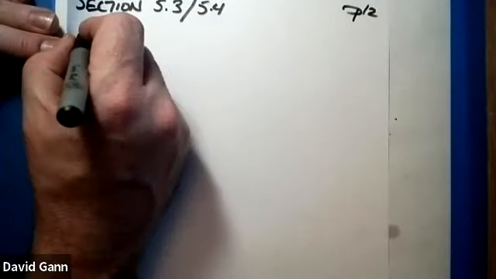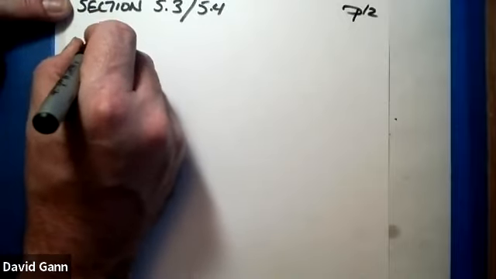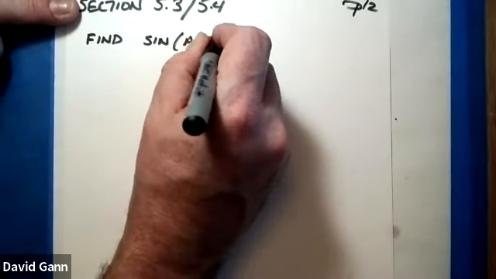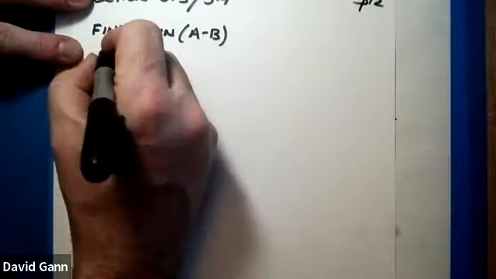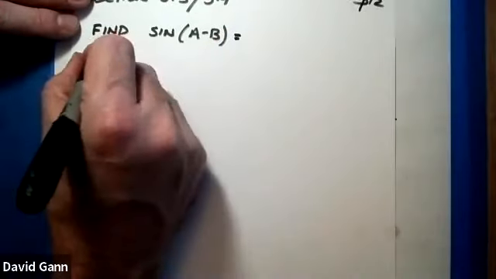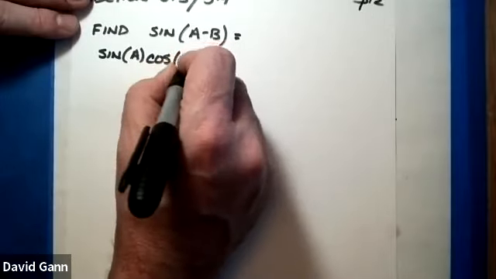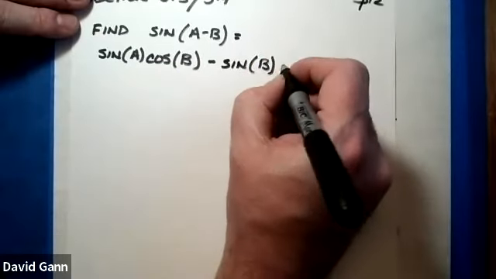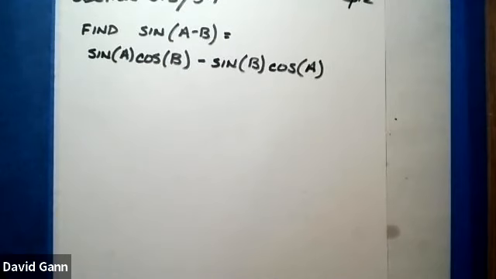Okay, so we now want to find sine of A minus B. Well, recall the formula for sine of a difference is that this is equal to sine of A times cosine of B minus sine of B times cosine of A. Okay, that's our difference formula.